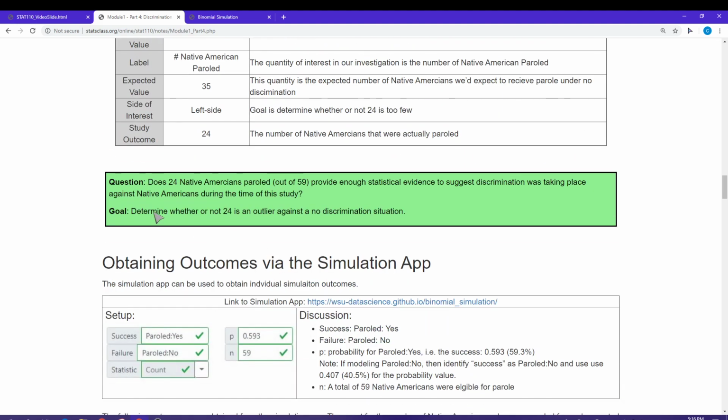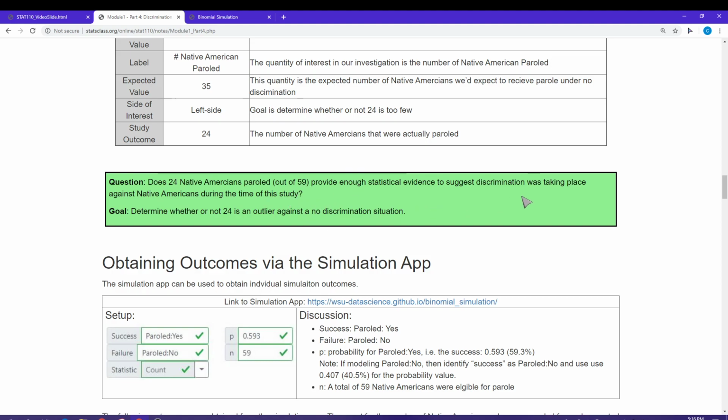So the question that a statistician has to identify or answer is, does 24 Native Americans paroled out of the 59 provide enough statistical evidence to suggest discrimination was taking place against Native Americans? And this would be in the state of Nebraska and during this time of the study.